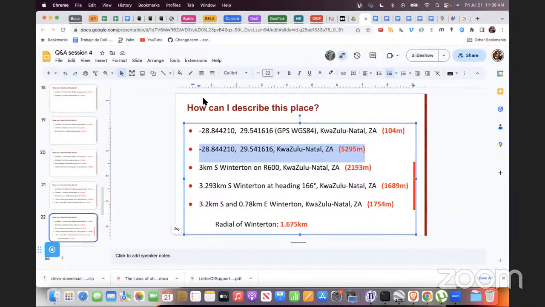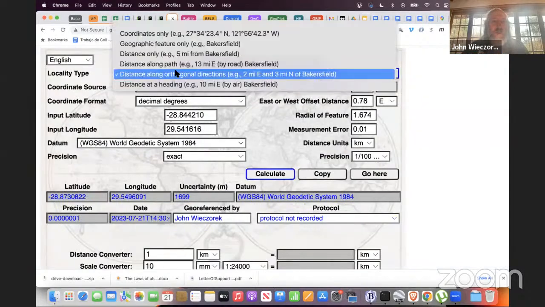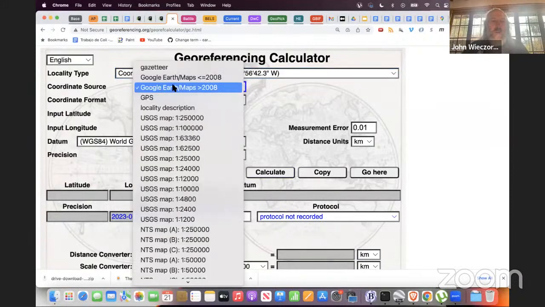Okay, let's go to the calculator with this one. So the coordinates came from the locality description. This is all that we had. The part in red is something I provided after the fact. So let's go to the calculator. It's a coordinates only calculation where the coordinate source was the locality description.